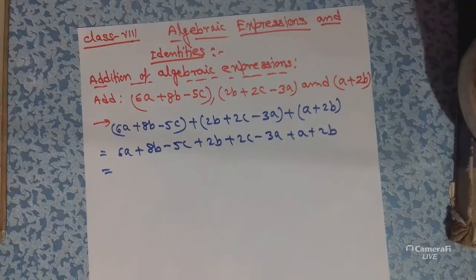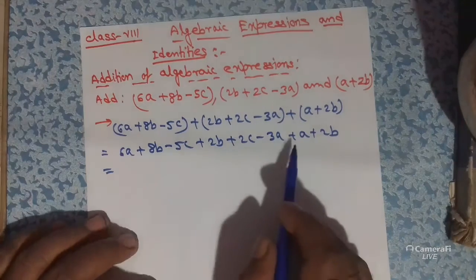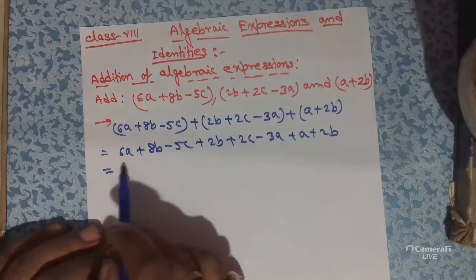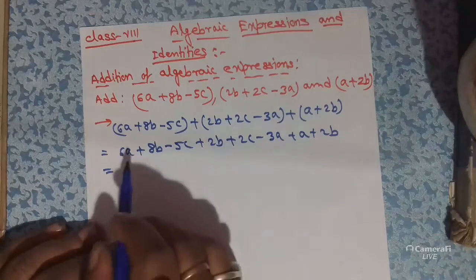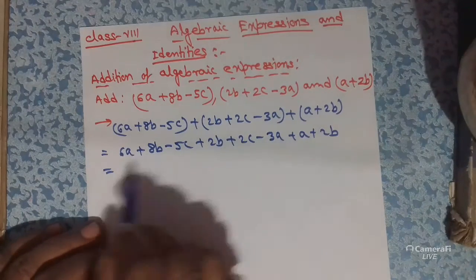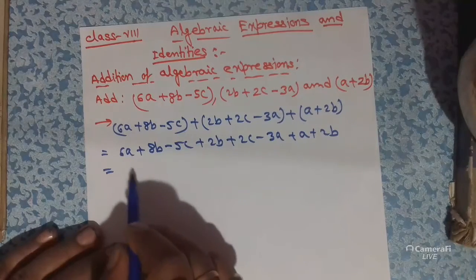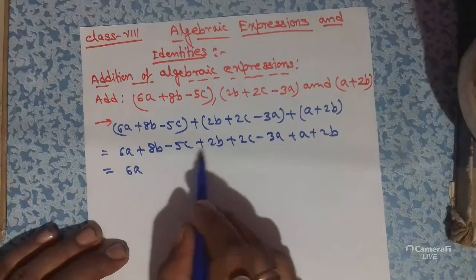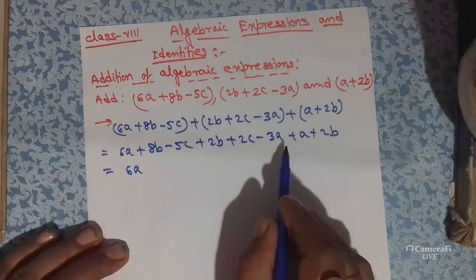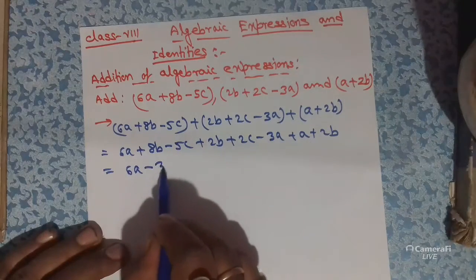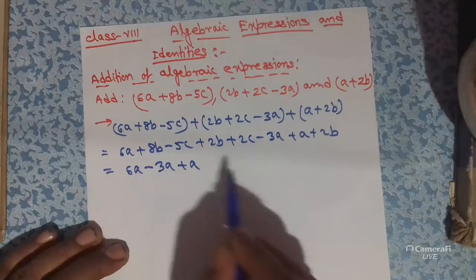Now after this you can solve it directly or you can arrange these terms. At first we must arrange the terms of a. So it is 6a and minus 3a plus a.